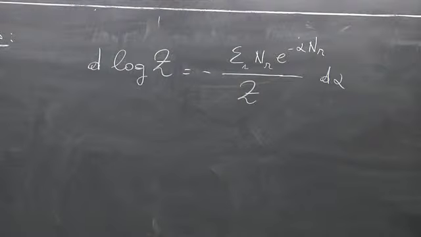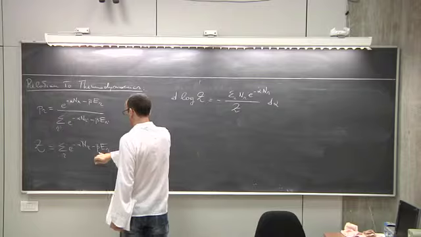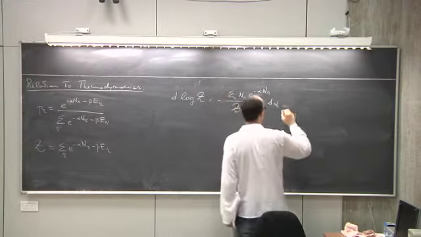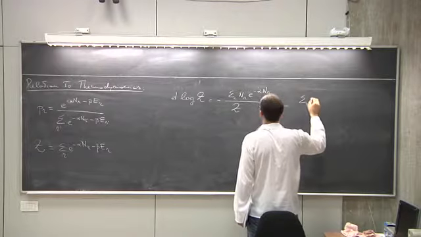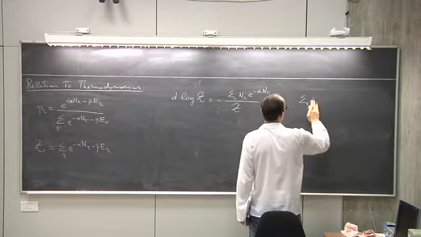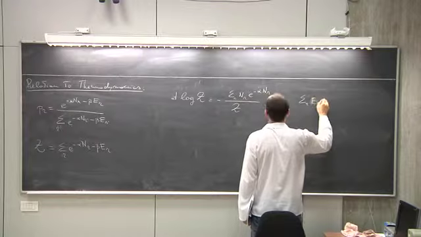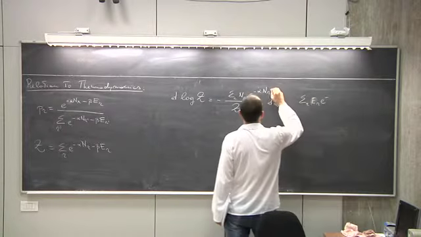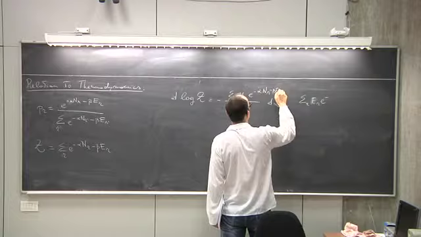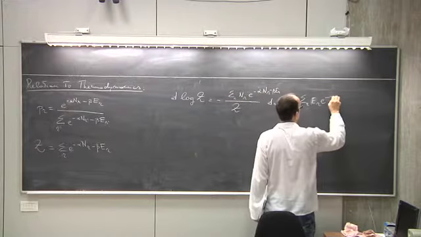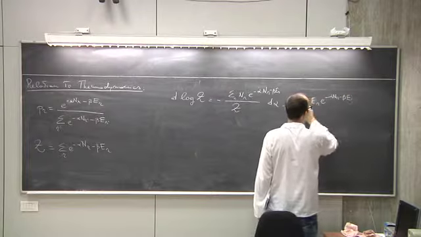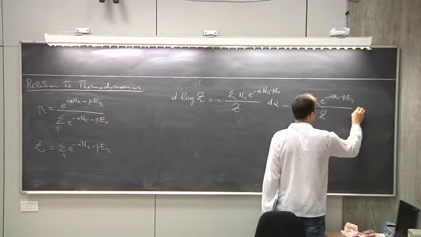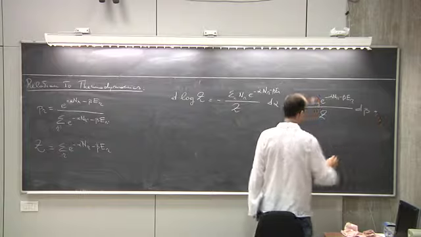This is the differential with respect to alpha. If I take the differential with respect to beta, I will have minus the same thing with E_r, e to the minus alpha n_r minus beta E_r, divided by Z times d beta.